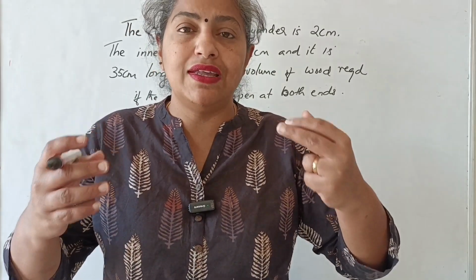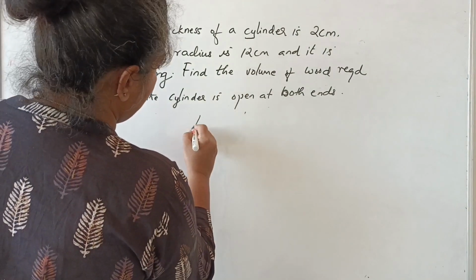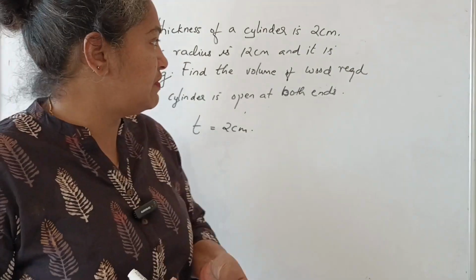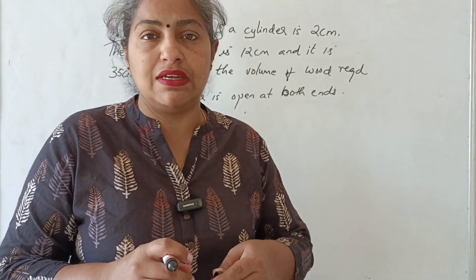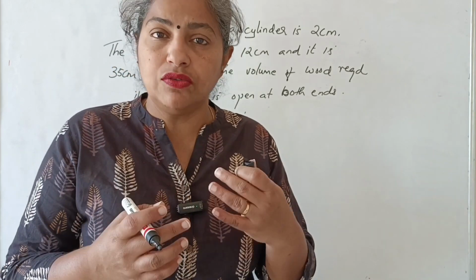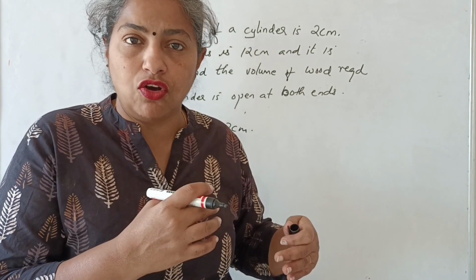Now let us write down the data that is given to me in this particular question. So the thickness of the cylinder is given to me. The inner radius is 12 centimeters. In the question, it is not particularly mentioned if the cylinder is a hollow cylinder, but since the thickness and the inner radius are given, you have to understand that it is a hollow cylinder. So segregate the concept related to the hollow cylinder.